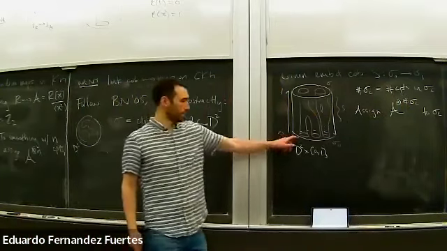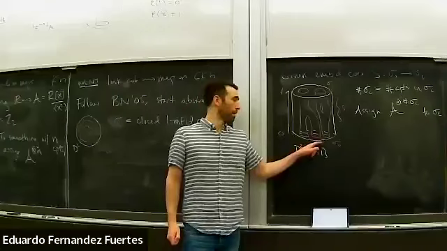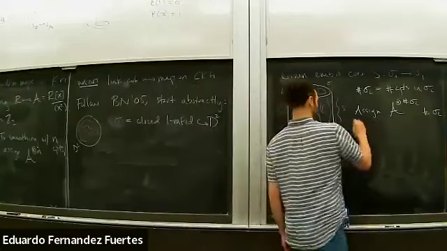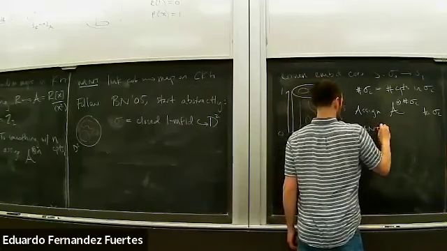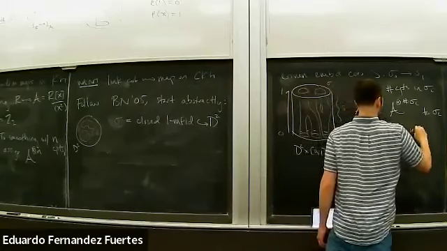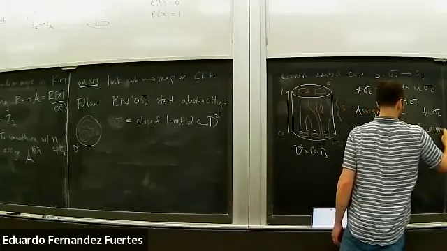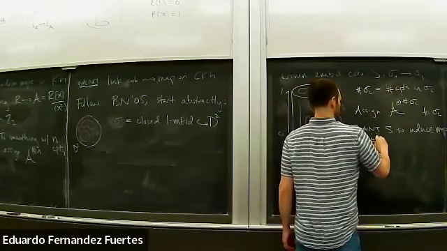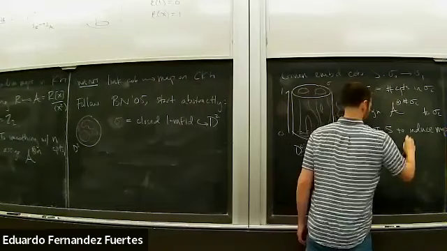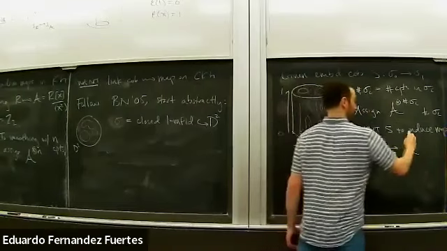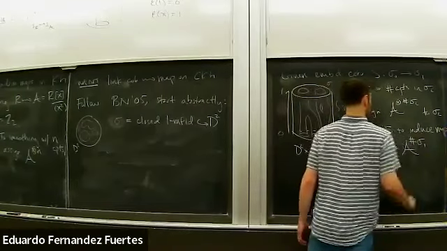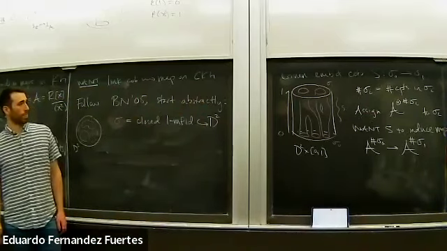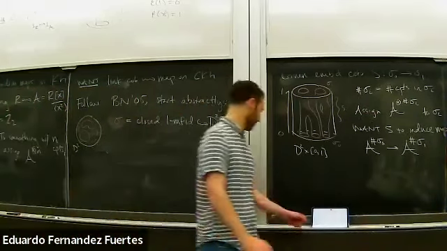And now what we want to do is associate some map to this cobordism that goes between these powers. So we want something to go from A to the number of components in the bottom smoothing to A to the number of components in the top smoothing. Okay.